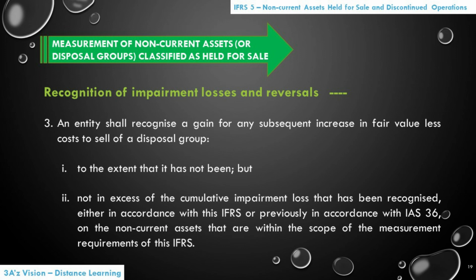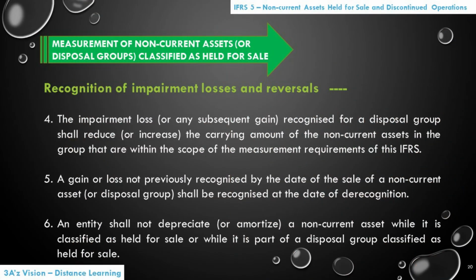Number 3. An entity shall recognize a gain for any subsequent increase in fair value less costs to sell of a disposal group, to the extent that it has not been recognized, but not in excess of the cumulative impairment loss that has been recognized, either in accordance with this IFRS or previously in accordance with IAS 36, on the non-current assets that are within the scope of the measurement requirements of this IFRS.